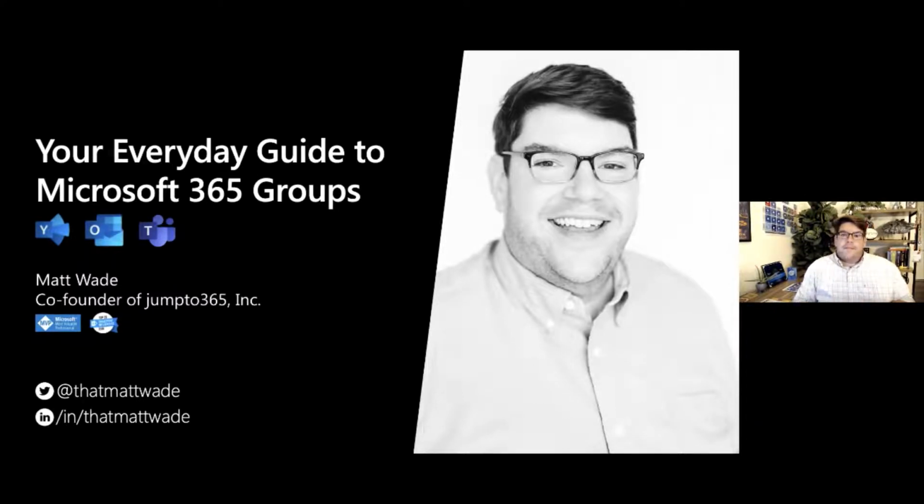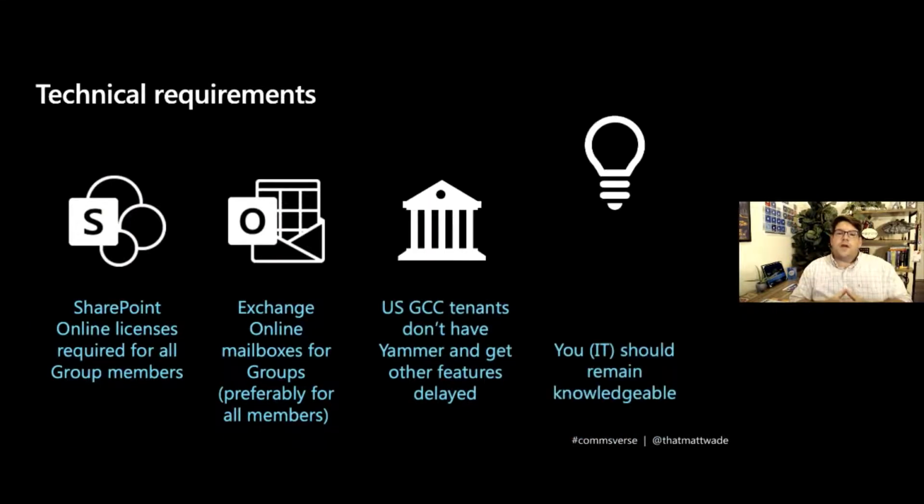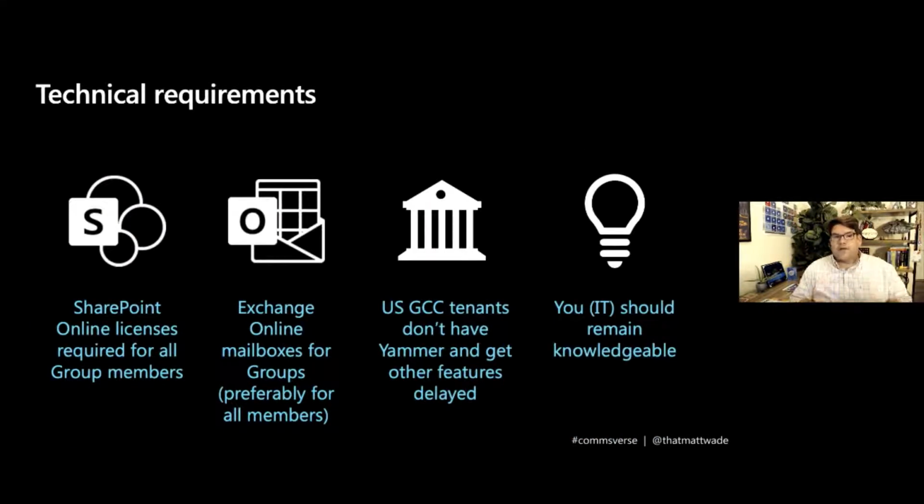So jumping right in, a little bit of background here for even using Microsoft 365 groups. First thing you're definitely going to need, step 0, let's say, is to be on Office 365, to have licenses and to have access to it. Really important is you need to make sure that you have SharePoint Online licenses provided to all of your group members. If you don't, there's no file repository associated with that group, which is a problem.